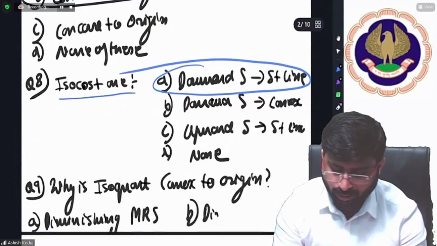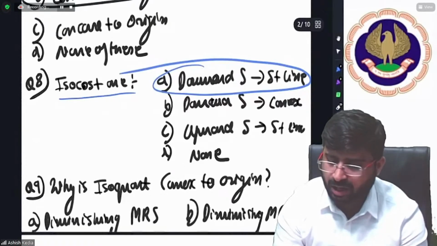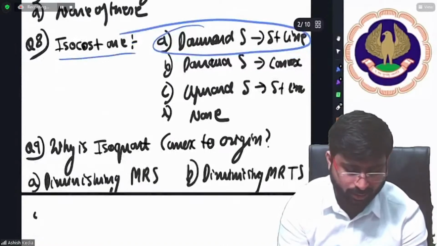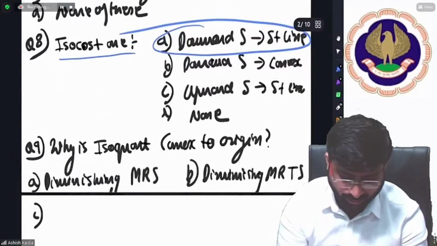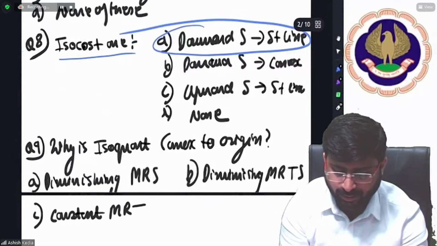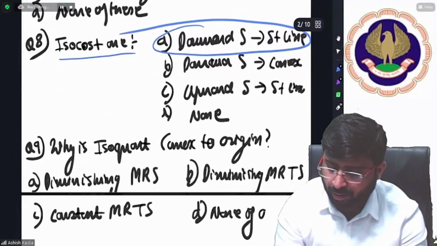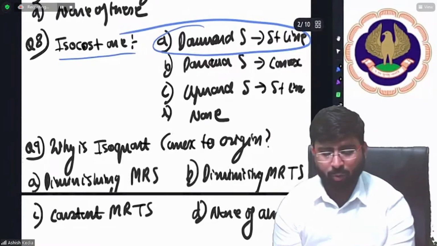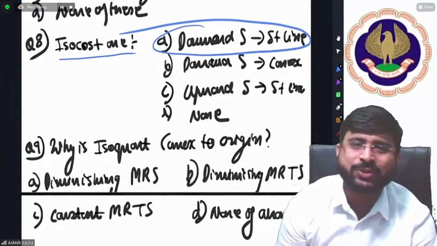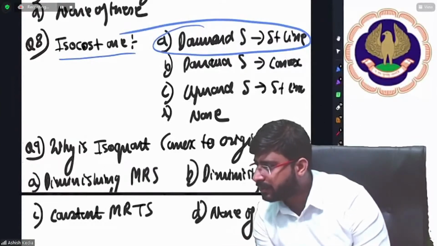B, due to diminishing marginal rate of technical substitution. C, due to constant MRTS. D, none of above. What say, my dear friends? What do you think is the answer? Why is it convex to the origin?